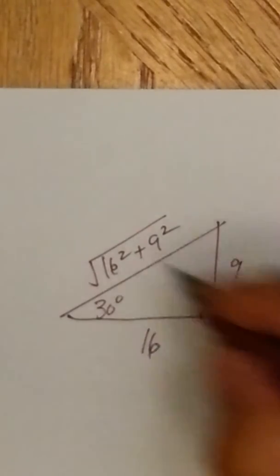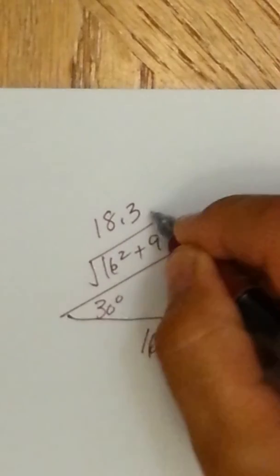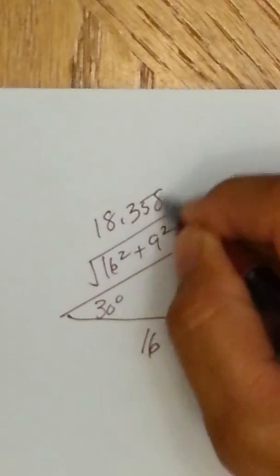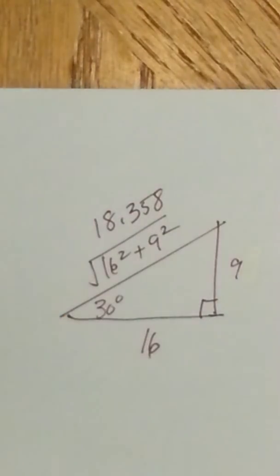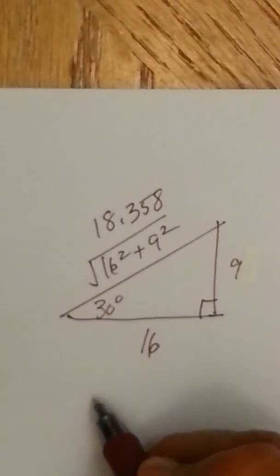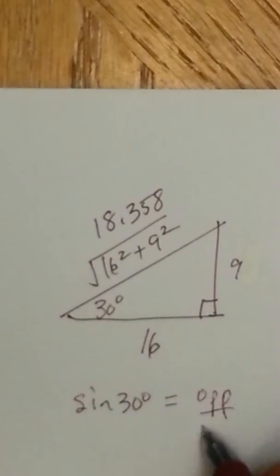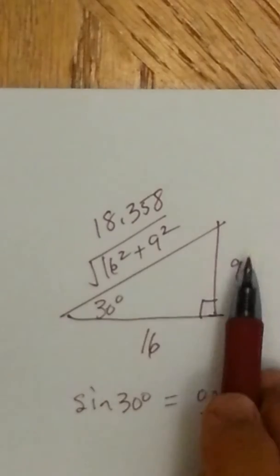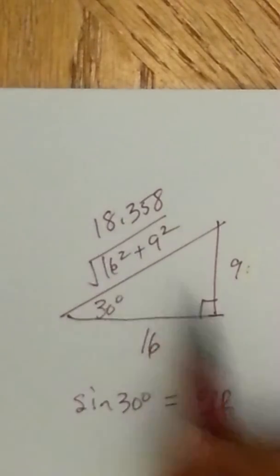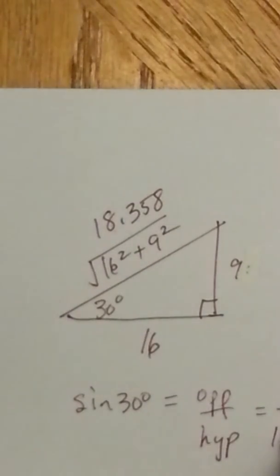And I got 18.358, let's say. All right. Now, using our definitions, sine of 30 is opposite over hypotenuse, so that would be 9 over 18.358.